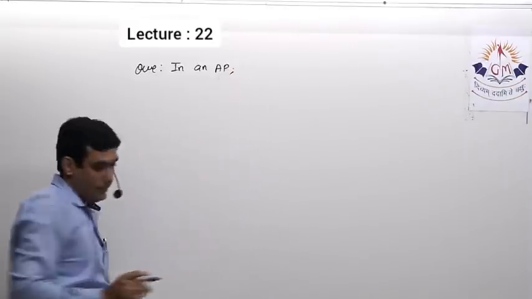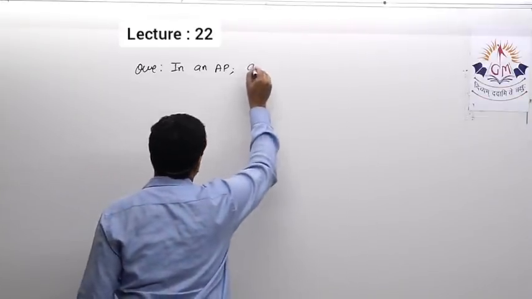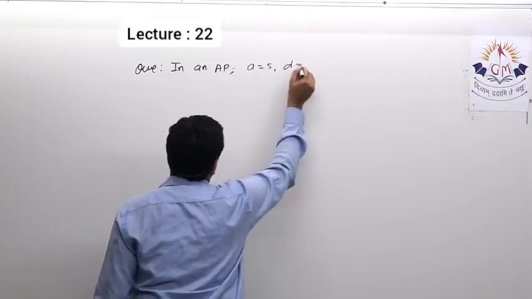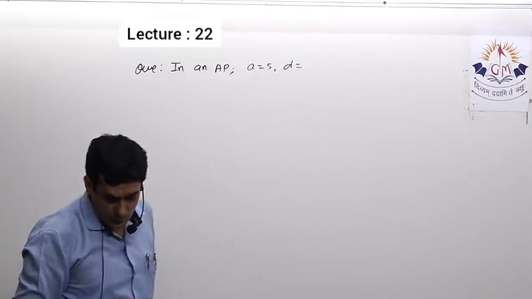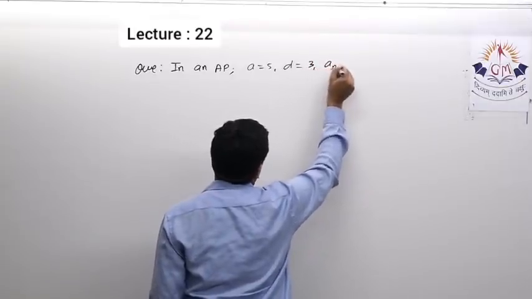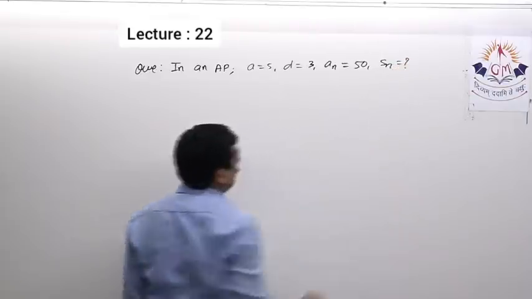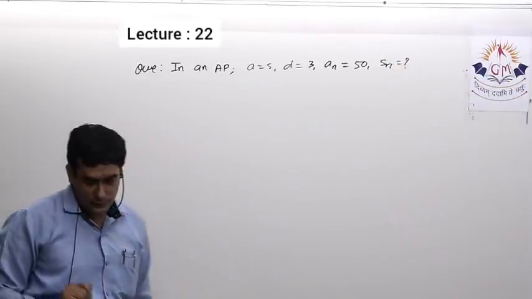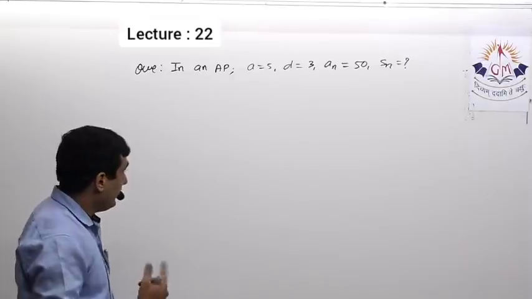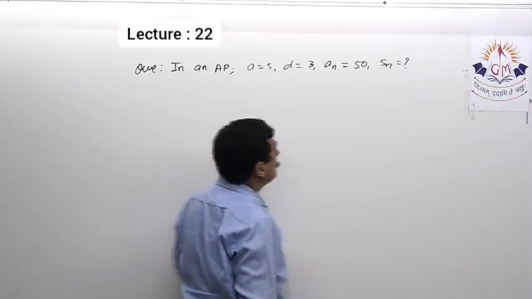So in an AP, A is equal to 5, D is equal to 3, An is equal to 50, find Sn. Okay, the first term is given, the common difference is given, An, that means you can say the last term is given and you have to find the sum of n terms.